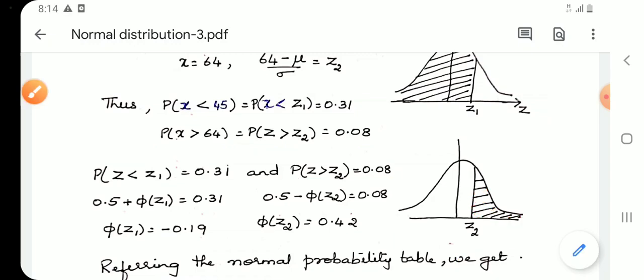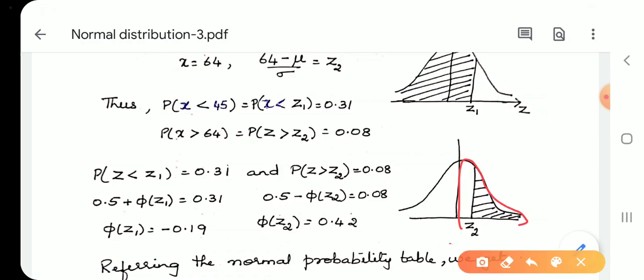That is obtained by subtracting 0.5 from this empty portion. So 0.5 minus this empty portion is phi of z2. The shaded portion is given as 0.08. So 0.5 minus phi of z2 is equal to 0.08. So phi of z2 is nothing but 0.5 minus 0.08, which is 0.42.